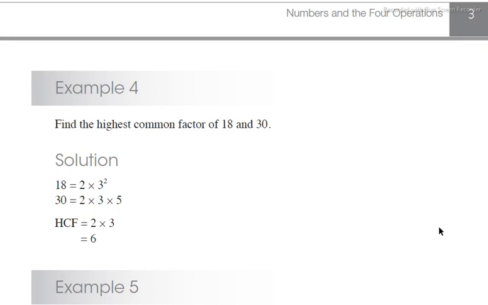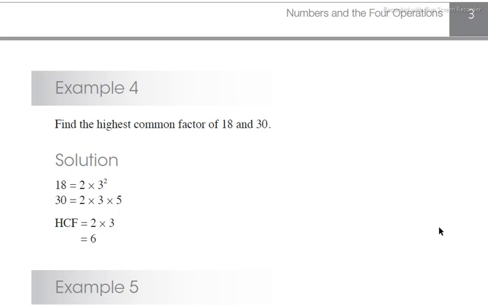We can first of all list the factors of 18 and 30, then we pick the highest or the largest, or we can even use the ladder method. But when you are using the ladder method, we shall use common numbers, a number that can divide all the given numbers. We shall come to that.